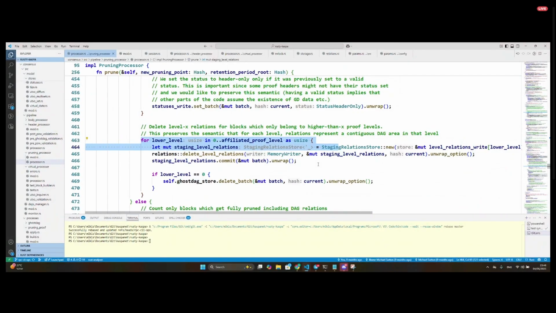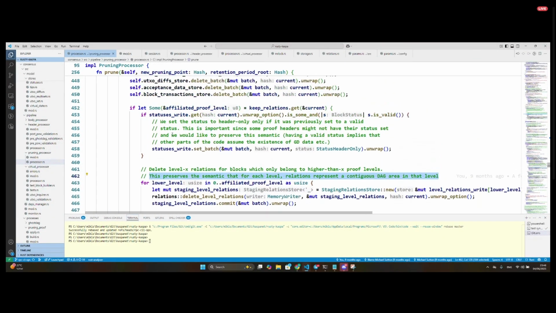So we're kind of simulating the same thing as in pruning here. When we find that this block has an affiliated proof level, meaning it belongs to proof level 50 and above, we actually go and delete the level relations below that point, because we don't need them. It makes no sense. So we preserve the semantics that for each level, relations represent a contiguous DAG area in that level. But we don't need the information below that.